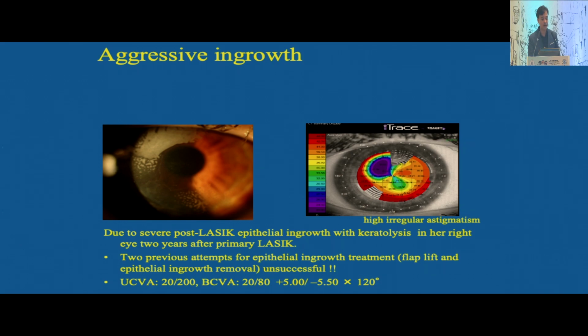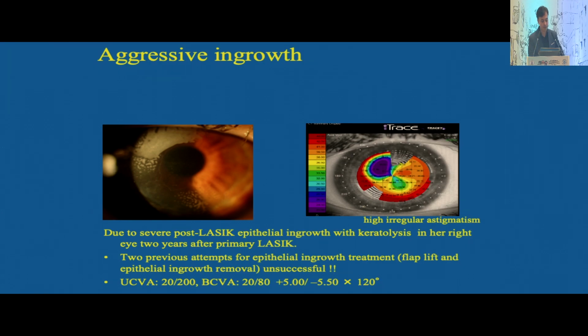Fortunately for us, the aggressive ingrowths which go into stage 4 are extremely rare. This is one of the cases which presented to us about a decade back. This was a patient who had undergone LASIK enhancement 2 times in peripheral centers elsewhere, and after the second enhancement had epithelial ingrowth.